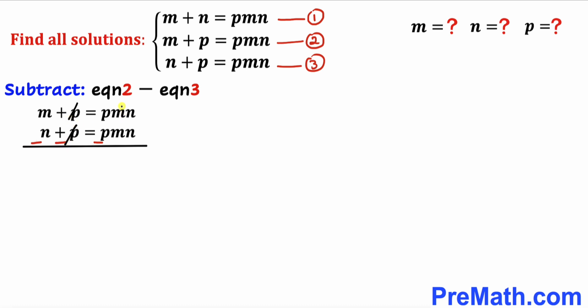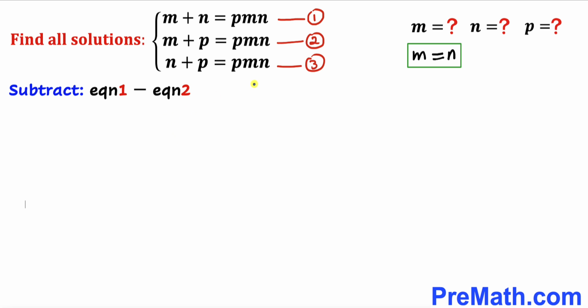And likewise on the right hand side this pmn and this negative pmn are gone as well. So we end up with only m minus n equal to 0. Now let's move this n to the other side. So this is going to give us m equals n. So thus one of our equations turns out to be m equals n.